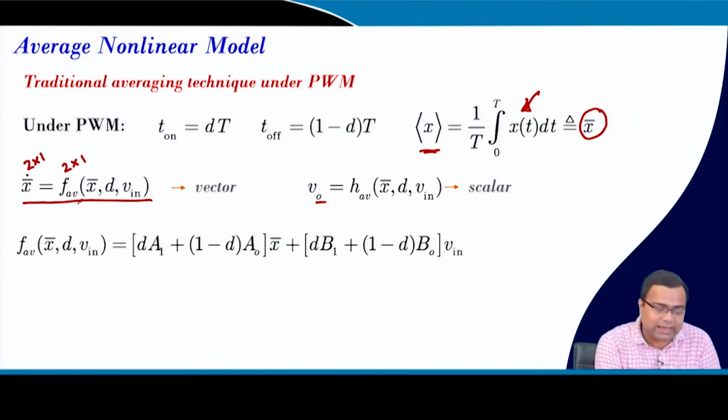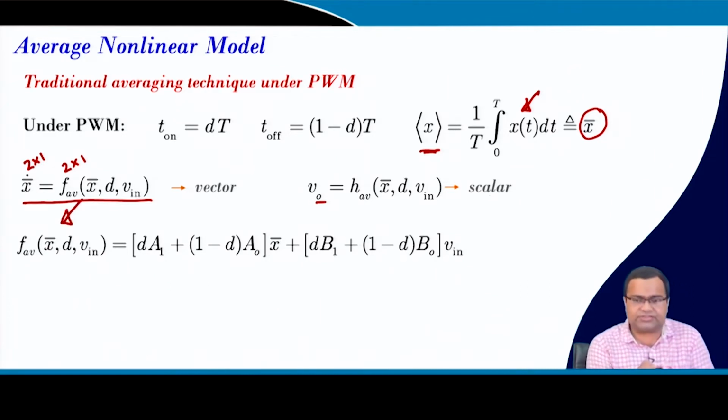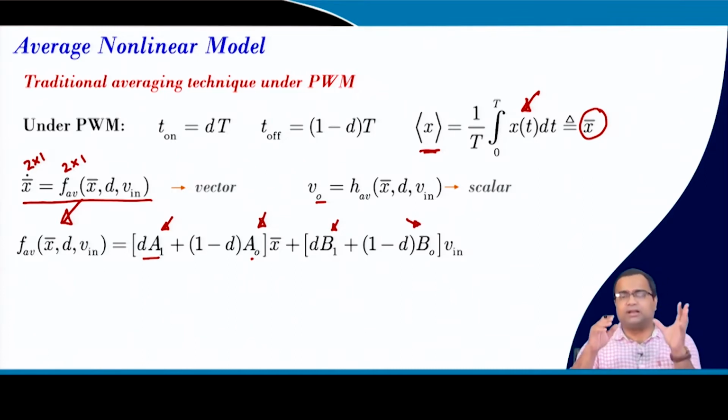So, what is this f average? This is the standard averaging technique, D into A1 plus 1 minus D into A0, where A1 is the system matrix when the switch is on, A0 is the system matrix when the switch is off, and B1 and B0 are the input matrices when the switch is on and off respectively.